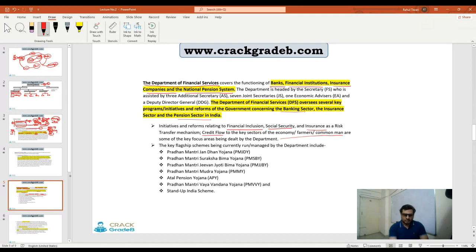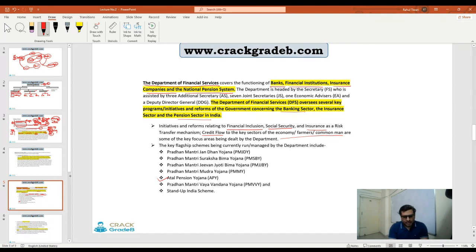Every year in your exam, they ask questions; maybe they can also ask: Atal Pension Yojana is implemented by which of the following departments or ministries of the government of India? The answer will be the Department of Financial Services, Finmin, right?